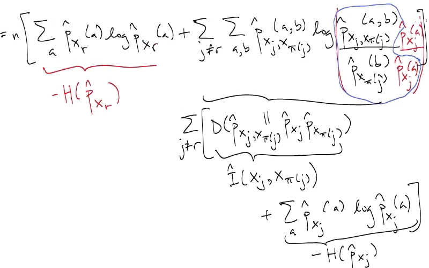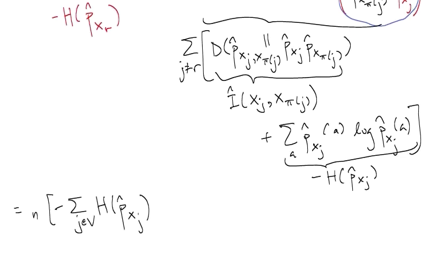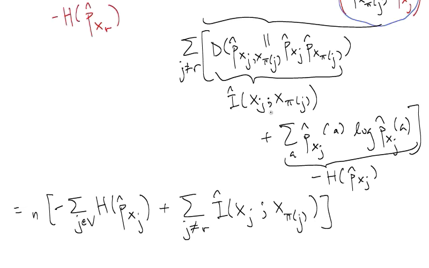That covers this thing and this thing. And then for everything that's not the root node, we're going to have the empirical mutual information between xj, this should be a semicolon here, xj semicolon x pi j. Again, from our mutual information notation, between two random variables we put a semicolon in between.